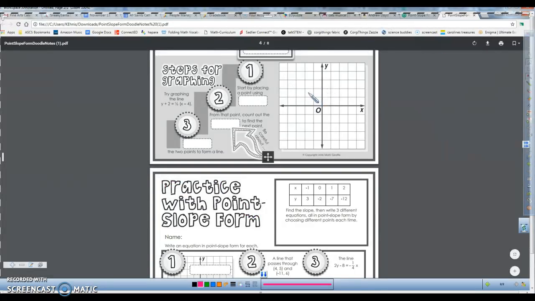So let's look at those steps for graphing. We're going to start by placing the point that they give us, which is x1, y1. Okay? So in this equation, they give us y plus 2 equals 1/2 times x minus 4. We're going to take out the point first.